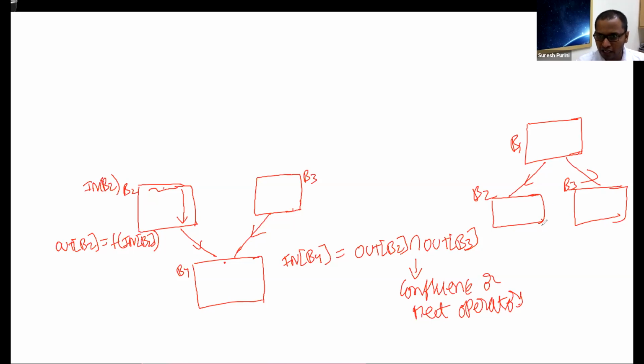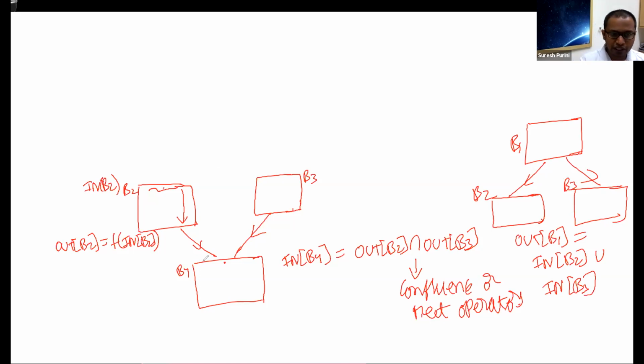So the way we set up the confluence operation here is out of B1 is equal to in of B2 union in of B3. Here the computation of the outset for the basic block B1 depends on the insets of its successors, and the way we merge that information is a union operation.